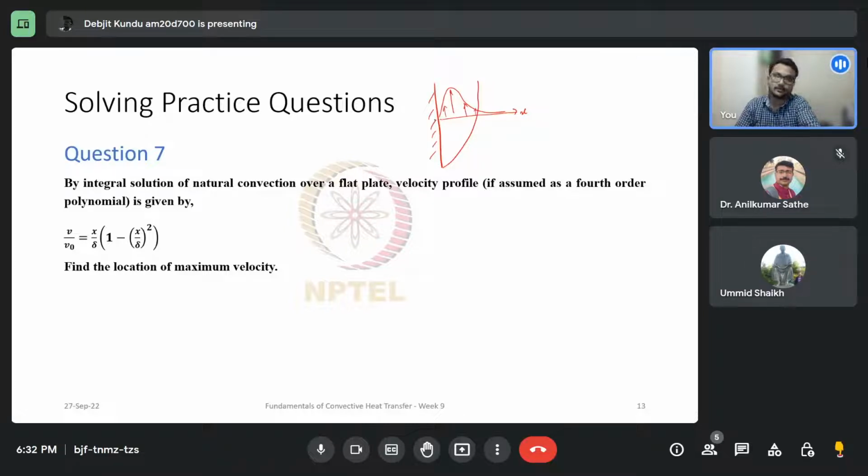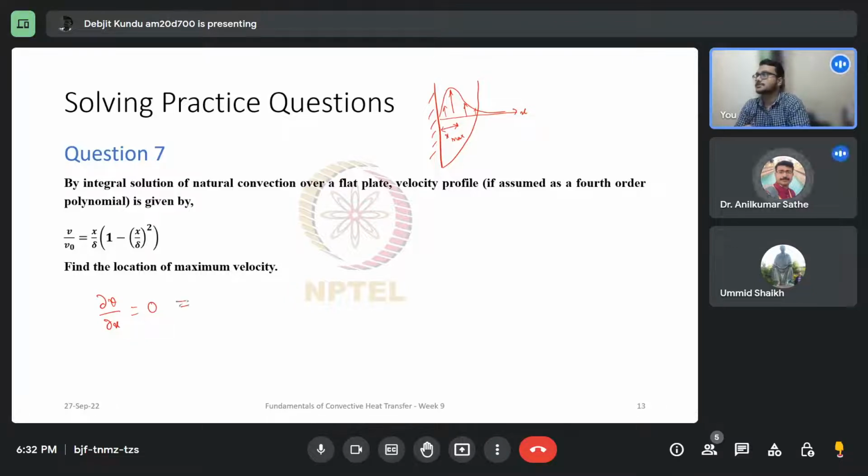It is zero at the wall due to the no slip condition, and it's also zero in the far field due to the quiescent medium. So from here we can see that there must be a maximum somewhere in between. Finding out this distance is important. So we can set dou v by dou x equal to 0, and that way we get delta by 3.